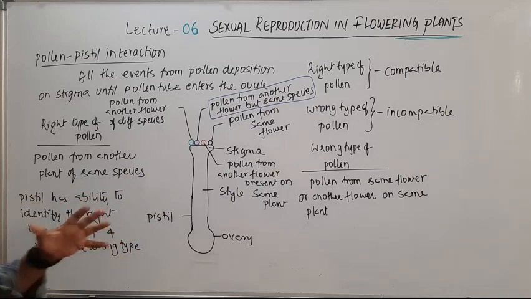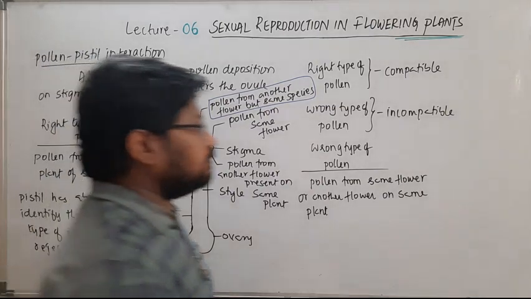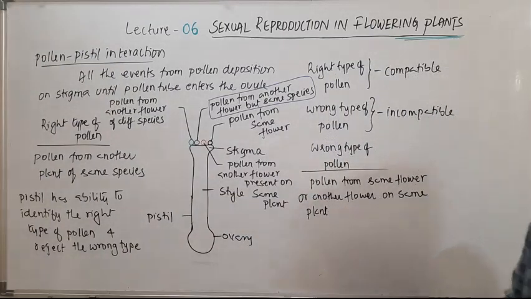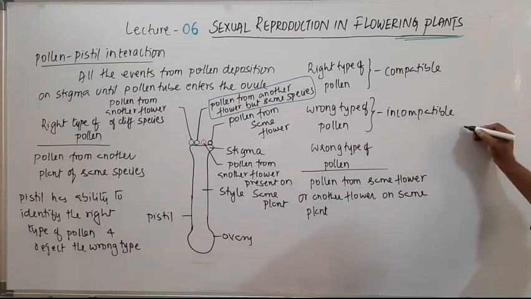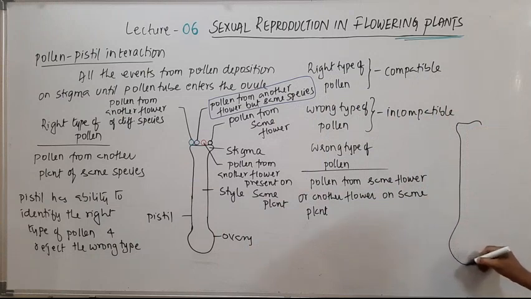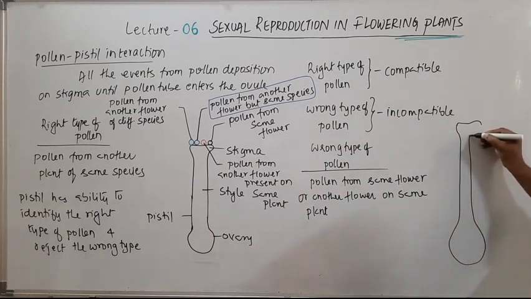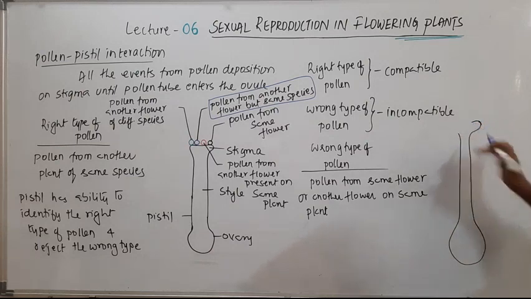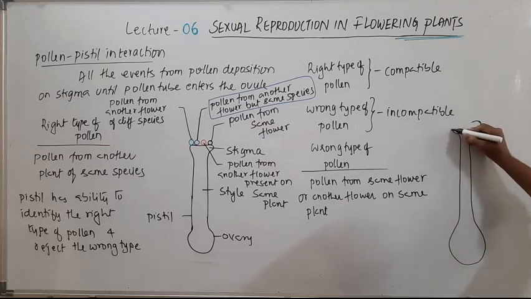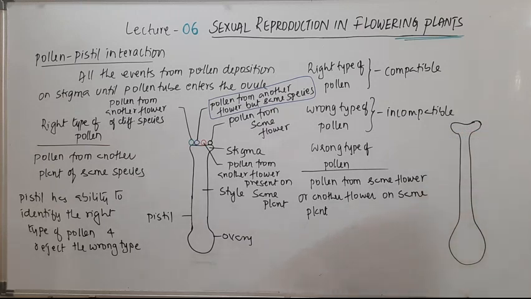So now if the pollen is of the right type, then what happens? Once the pollen is identified as the right type, the pollen germination takes place on the stigma. Which means that through one of the germ pores, the pollen tube comes out.